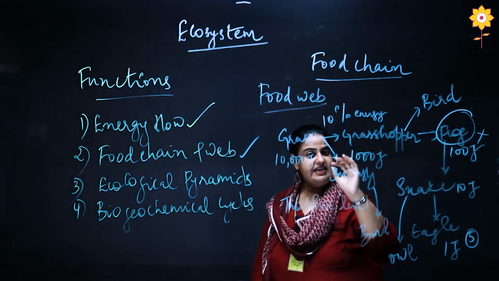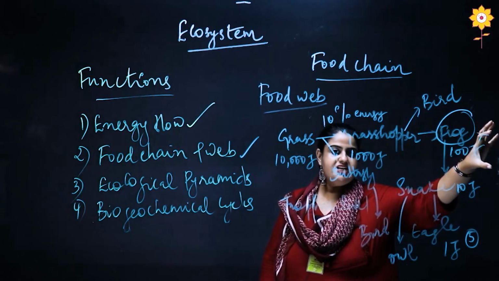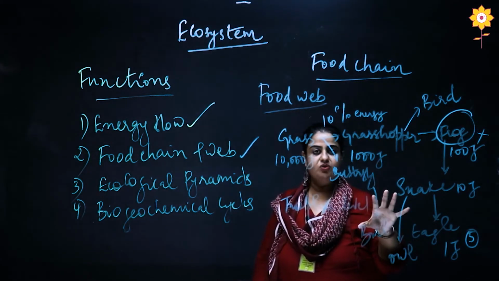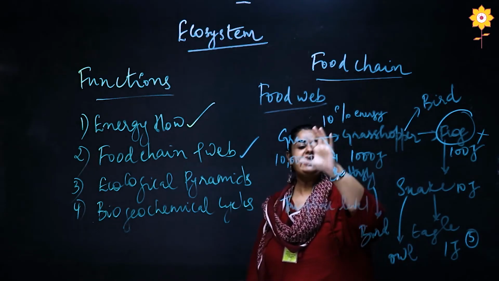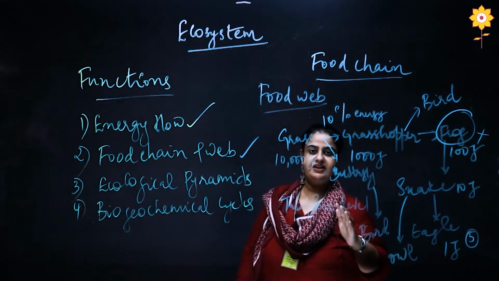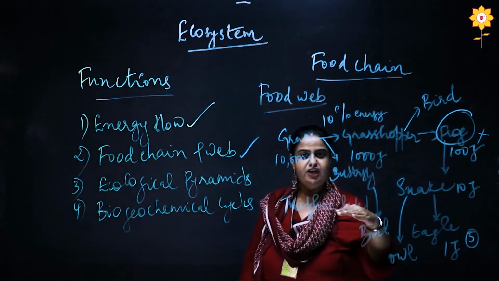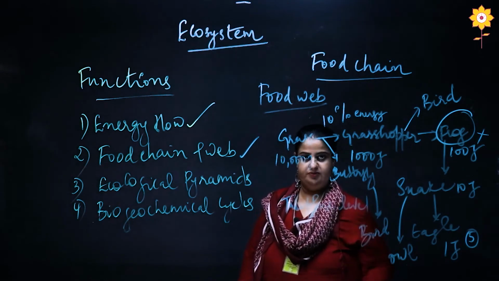So in that simple example, you can see by removing one particular species from a food chain, the entire balance of ecosystem is disturbed. That is why I say the concept of food chain and food web is the single most factor that helps in maintenance of life in an equilibrium or in a steady state in any ecosystem possible.